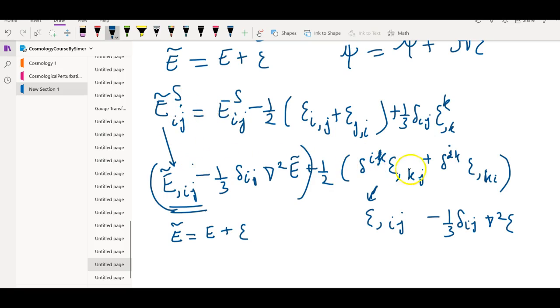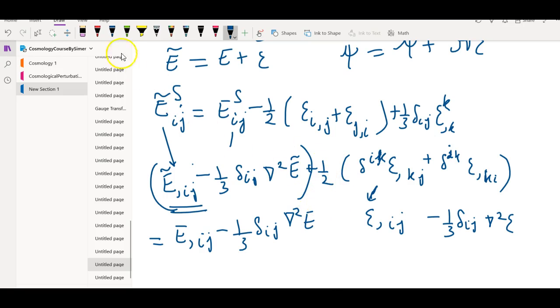Once I write this in terms of the scalar part of these two, this becomes this, and this becomes eij minus 1 by 3 delta ij del square e.